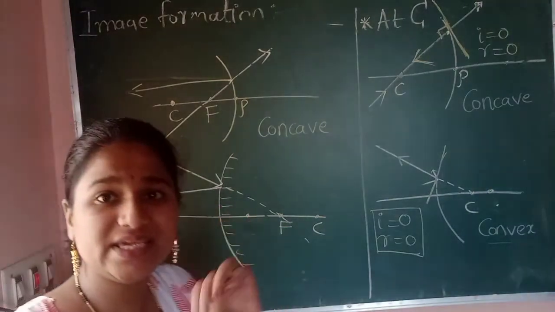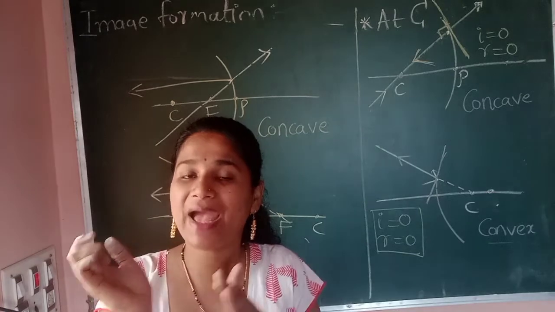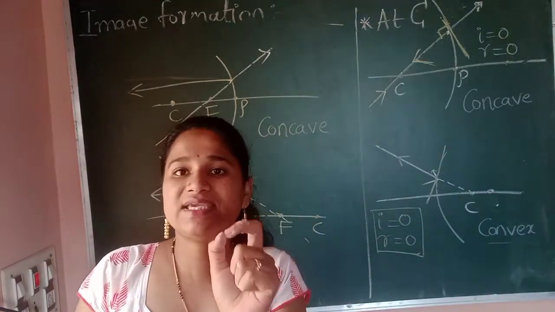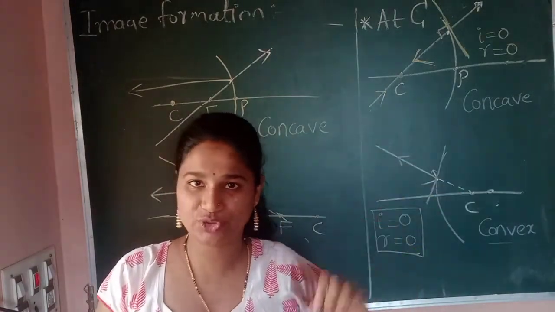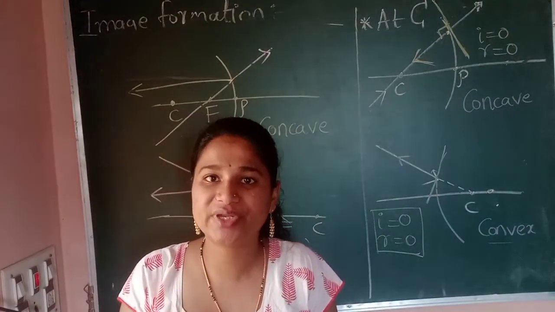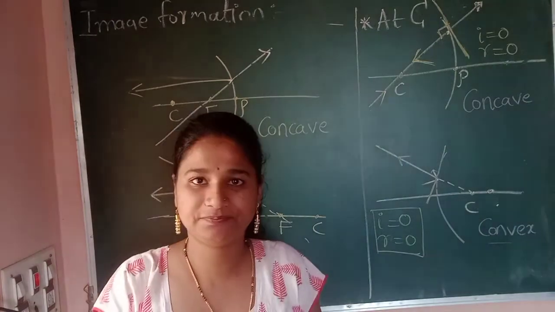So we learned three cases. The first one is when the light rays incident parallelly on the mirror. Okay. Then the next case is when the light ray is passed through the center of curvature. And the third thing is when the light ray passes through the principal focus of a spherical mirror.